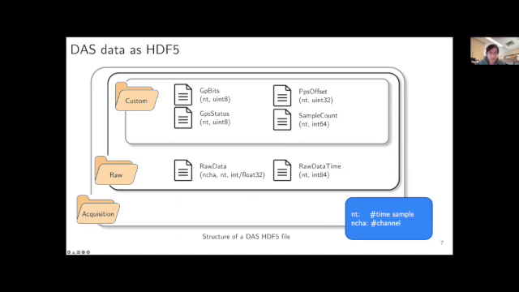So here, NT and N channel indicate the time samples and the number of channels for the experiment. Usually, this raw data set would take more than 98% of the space of the entire file. It's a 2D array of shape N channel times NT.